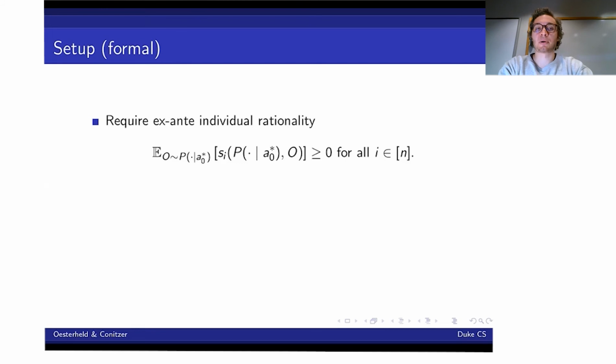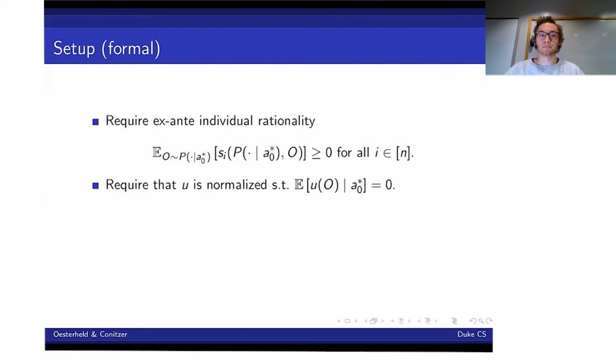We do this by requiring a form of ex ante individual rationality. Here in particular, it's a relatively weak form. We require that if the experts simply report their prior information and recommend the action that is best according to their prior beliefs, then their expected score is at least 0. So this prevents these kind of hacky, pointless contracts where the principal just steals money essentially from the experts.